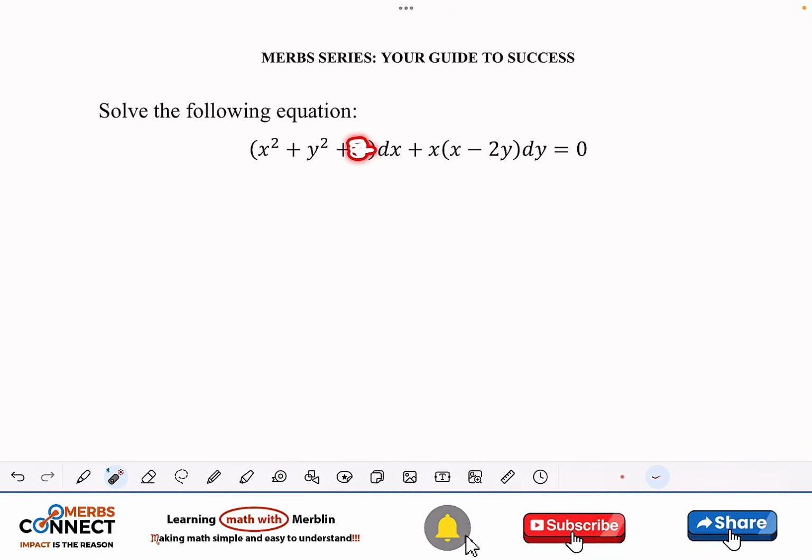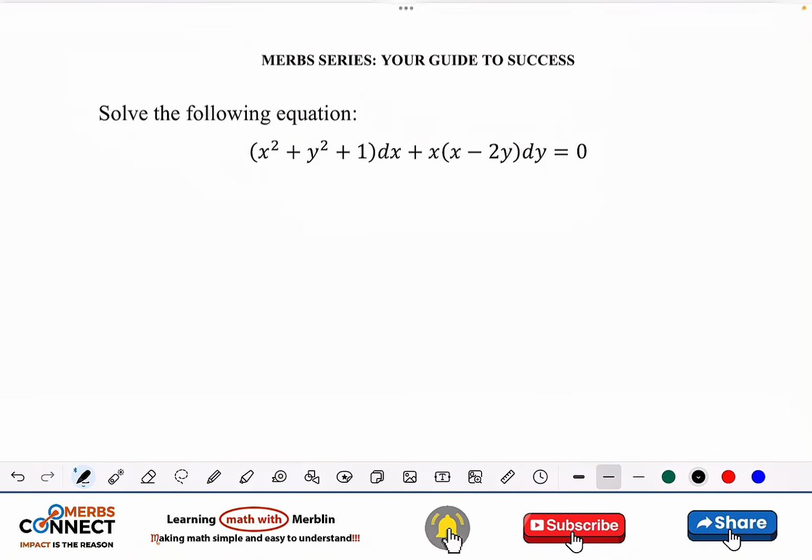Because of this constant, we cannot use homogeneous, because the degree here is 2 and this one is 1, you cannot factor lambda out. So we don't have any choice but to think of exact differential equation. When we start exact differential equation, that is when we will know whether the differential equation is exact or not. Then we can think about looking for the integrating factor.